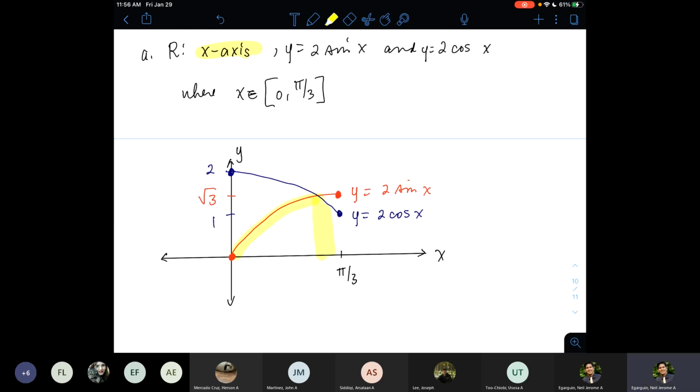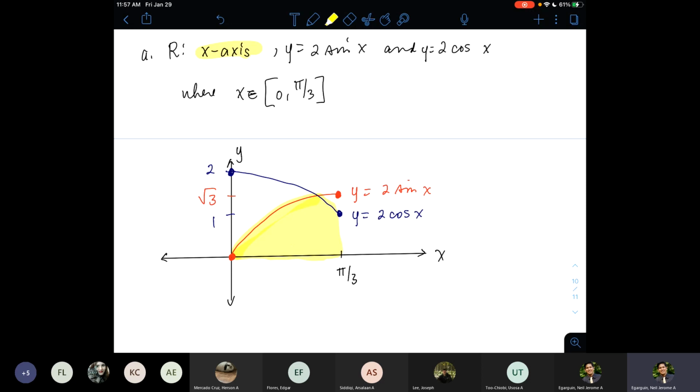So that's one important thing. We need to be careful how to interpret the shaded region. Do you agree, guys? This should be my shaded region. Though the question is a little vague for me because it says that the region is bounded by the x-axis, y equals 2 sine x, and y equals 2 cosine x.